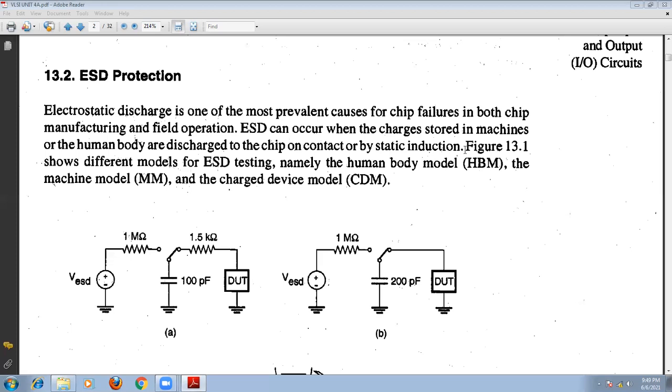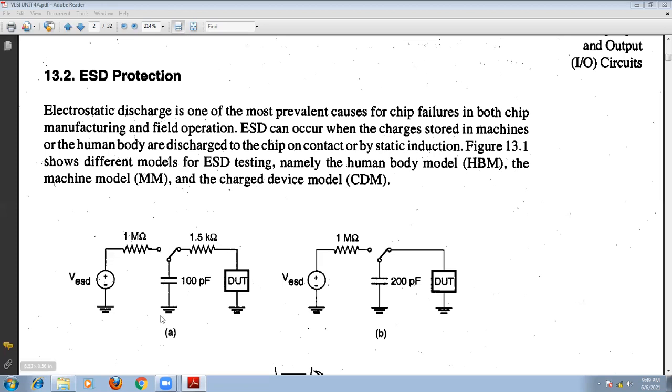Because of electrostatic discharge, a charged human body can be modeled as a capacitor with a value of 100 picofarad and, at the same time, a 1.5 kilo ohm discharging resistor.